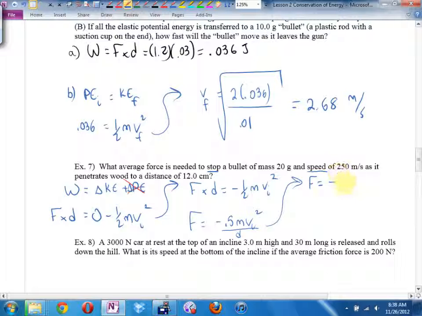Let's try that again. Negative, a half. Mass of the bullet, it says, is 20 grams, which is 0.02 kilograms, right? 250 squared divided by 0.12.